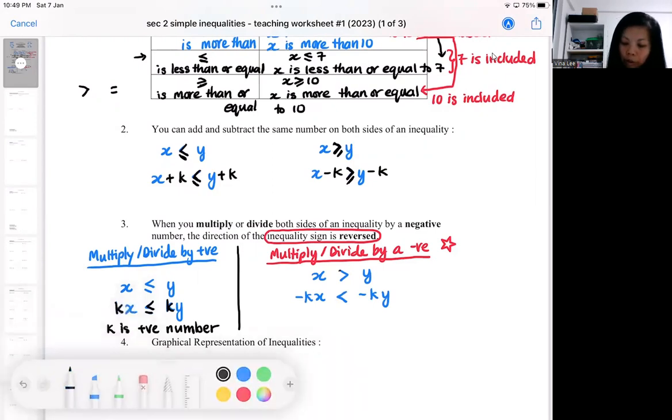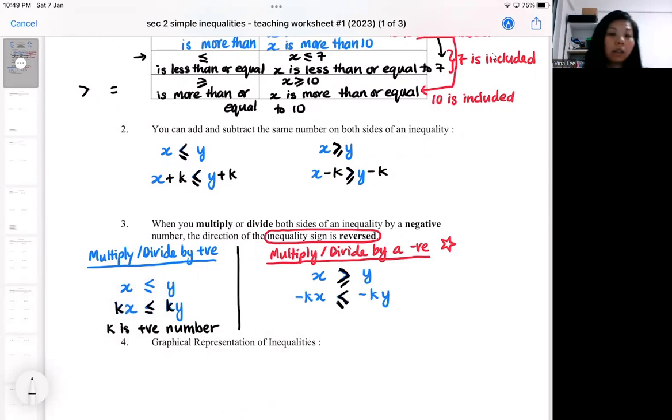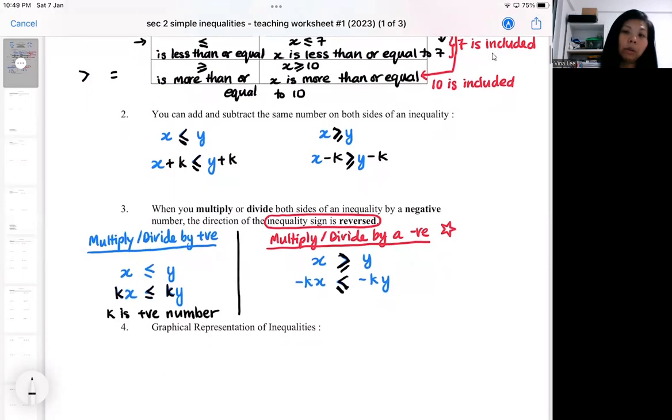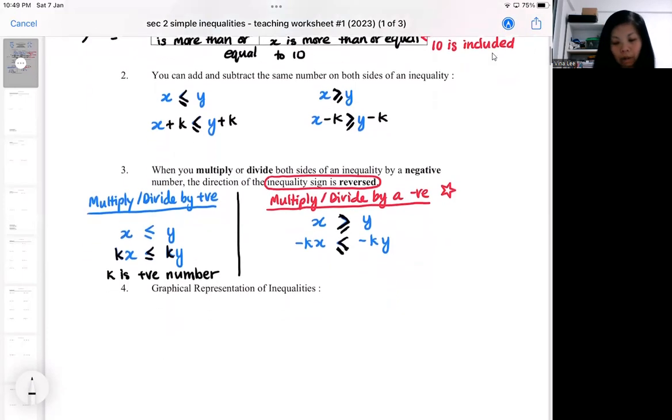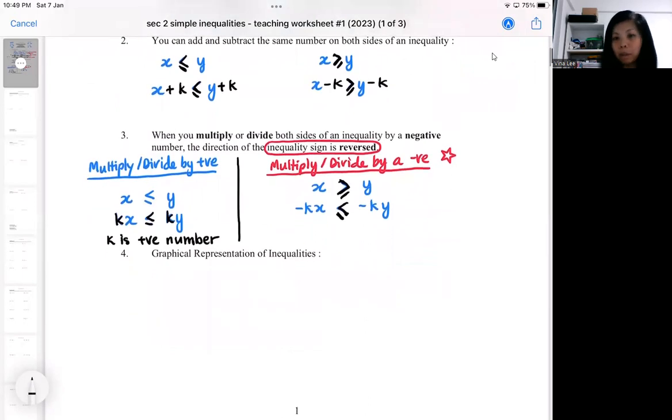So it will change to the opposite sign. If it's an equal sign, it will change in this way. It just changes the direction. So when you multiply or divide by a negative number, the sign will be reversed. That's the only thing you need to take note of. Okay, so let me show you the intro, then I will show you a numerical example on this.